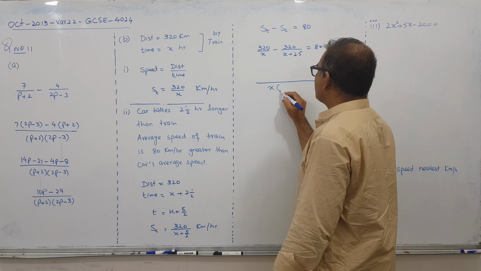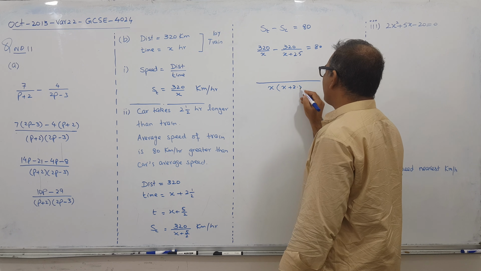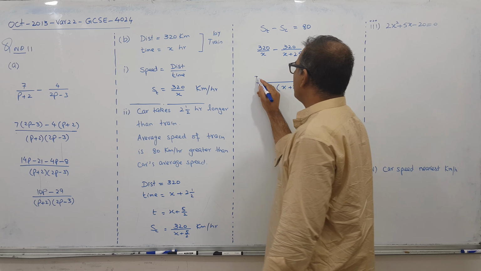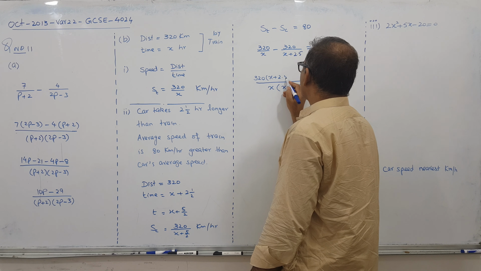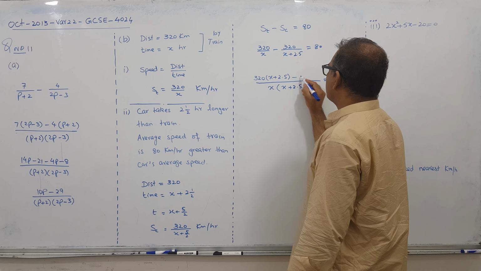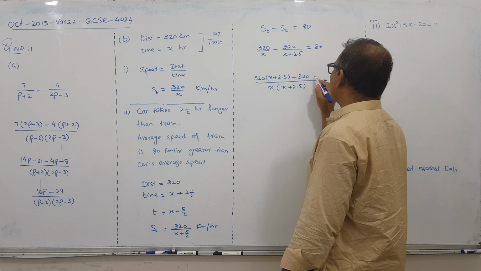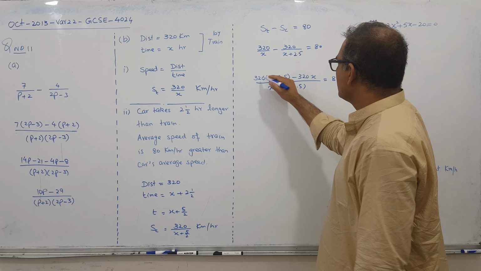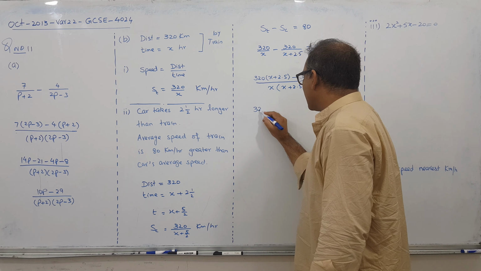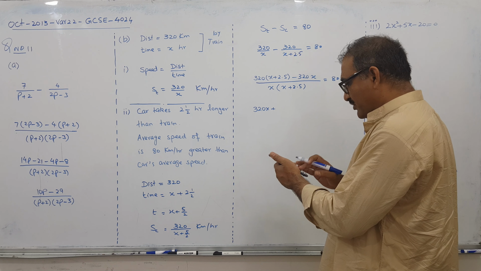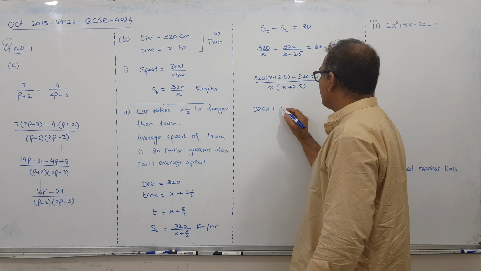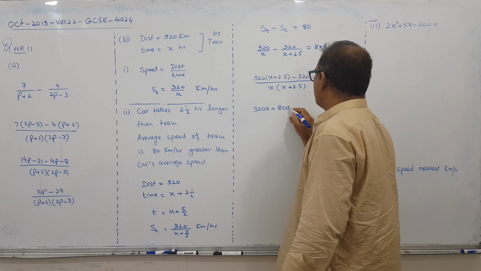So x times x plus 2.5, it goes there. Actually, I dislike decimals, but to make it easy for you, I'm doing this one. So 320 into x, I get 320x, and 320 into 2.5, it's giving 800. So 800.